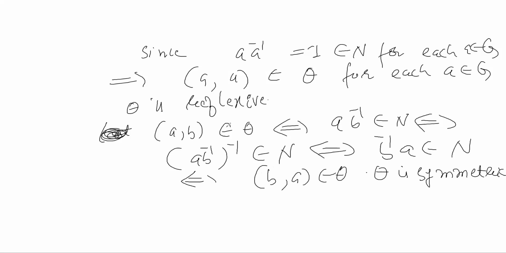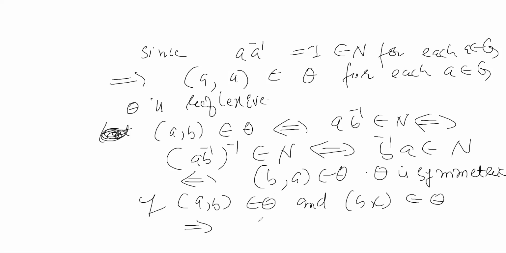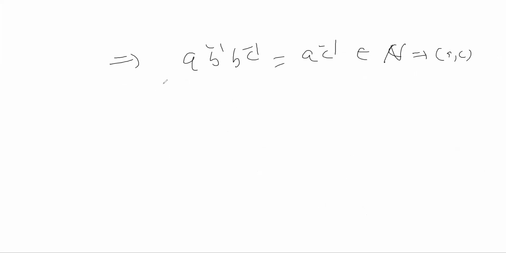Now if (a, b) is in theta and (b, c) is in theta, it implies that ab inverse belongs to N and bc inverse belongs to N. So this means ab inverse times bc inverse, which is ac inverse, also belongs to N. So this implies (a, c) belongs to theta.